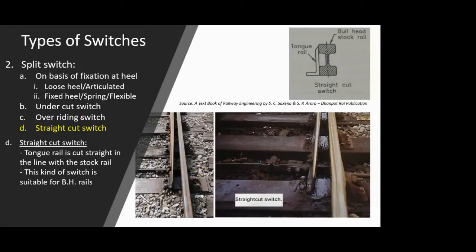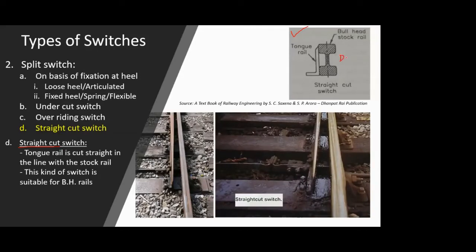And the last type in the split switch is the straight cut switch. Now again, from the name, you can just guess what it could be. On the top right side, if you see this figure, the drawing, it is a straight cut switch. And if you see, now this is not a flat footed rail. If you recall, this is a double headed rail.